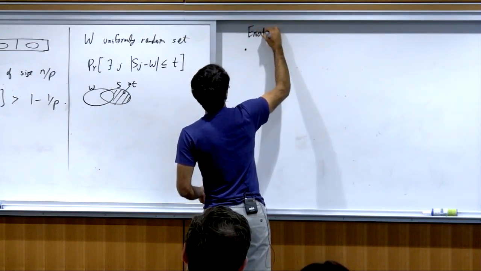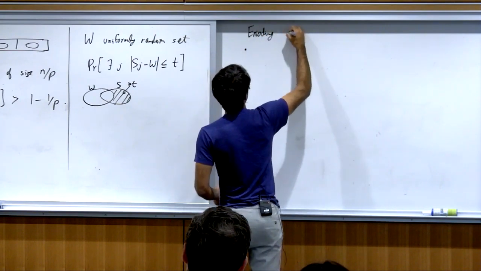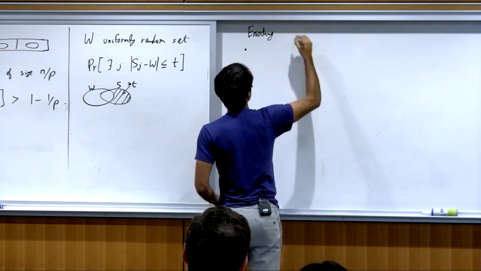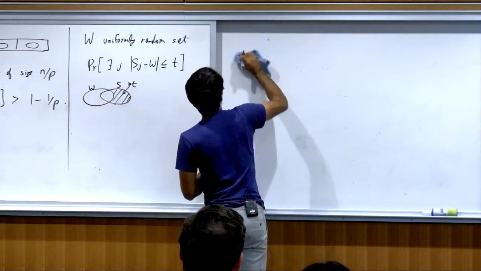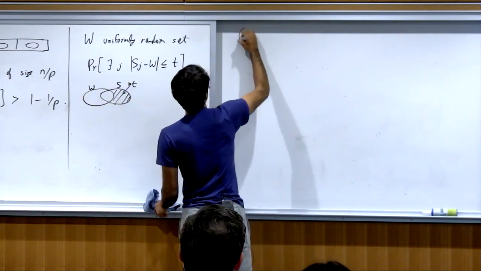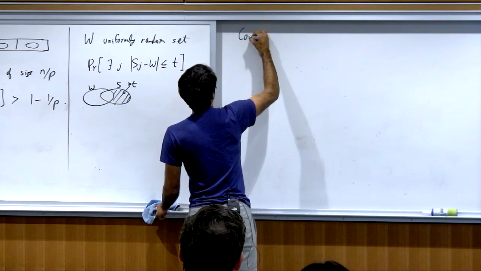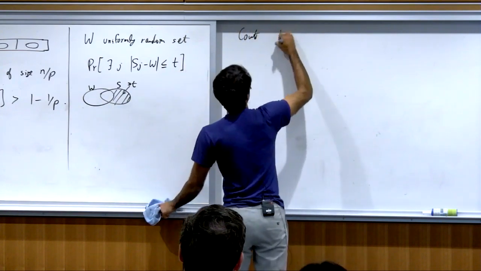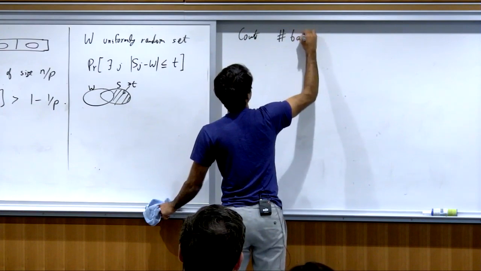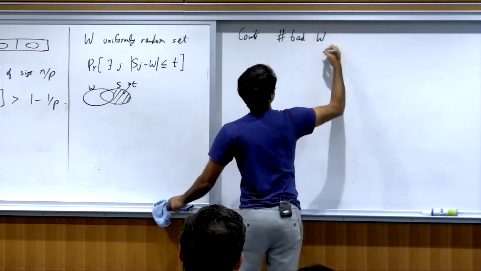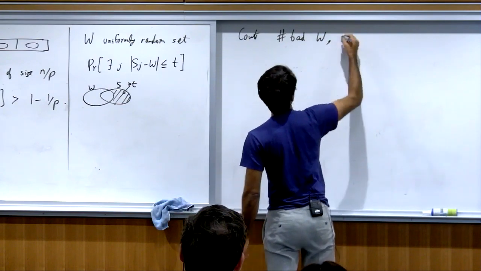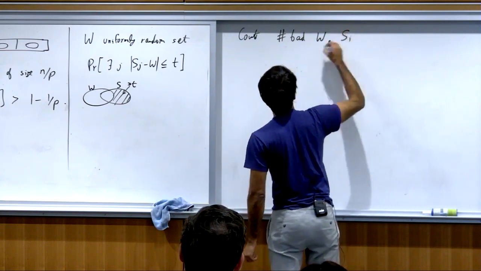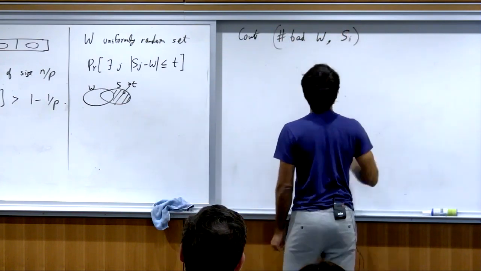What we'll do is count the number of pairs, the number of tuples which have a bad W and a set S from the family.